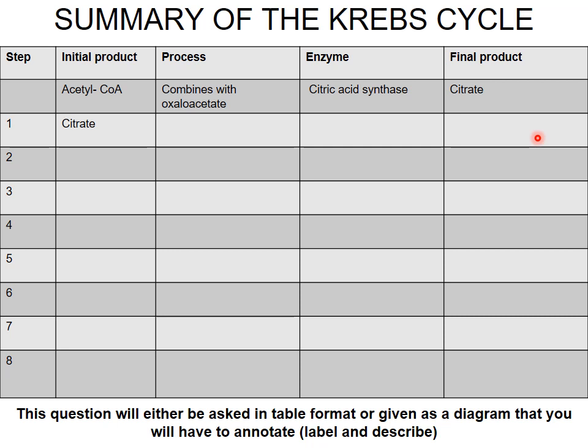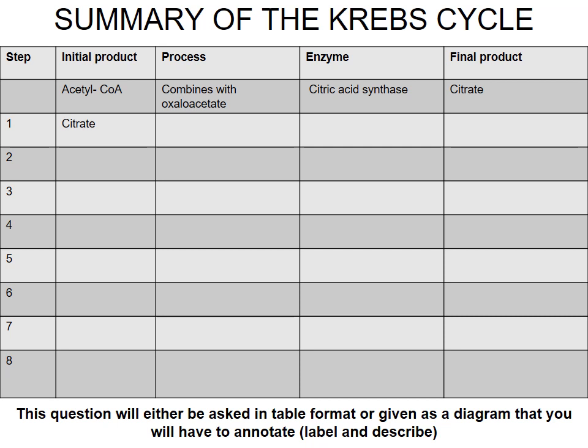As we go through each of these 8 stages, you will have a diagram and some text, and ultimately we will end up with a completed table, which will come up towards the end of the lecture. You should remember to revise this and redraw it in your notes when you are going through the revision of the Krebs cycle and cellular respiration.